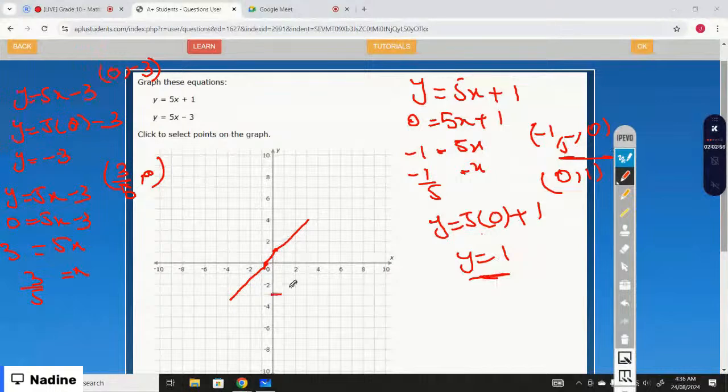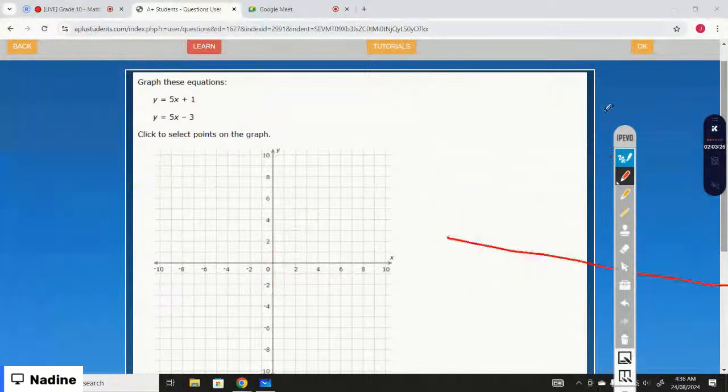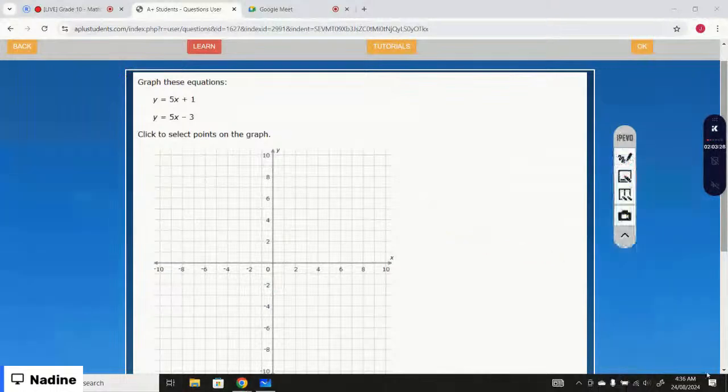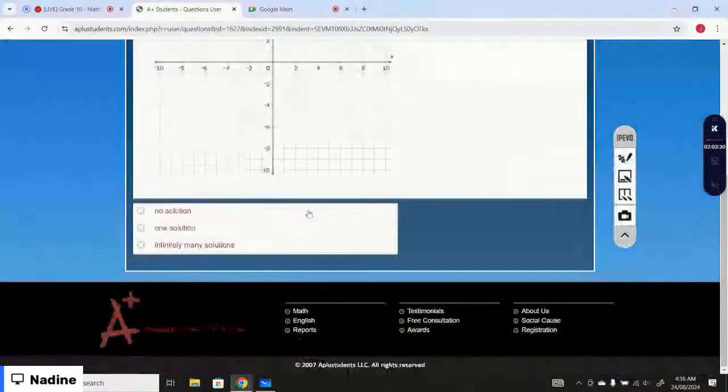The other point is 3 over 5, which is 0.6. Here it is. So they intersect at one point, right? So that means only one solution. The correct option is one solution. Got it? Option number 2 is the correct option.